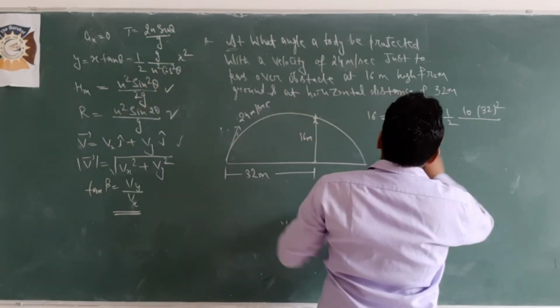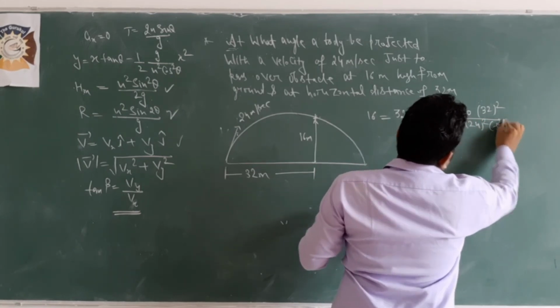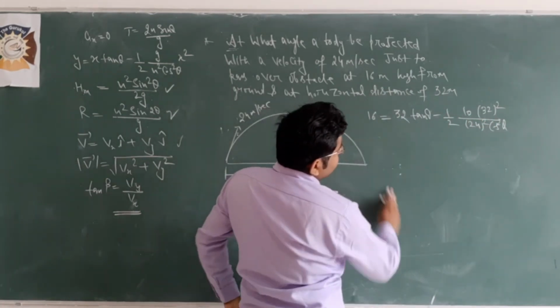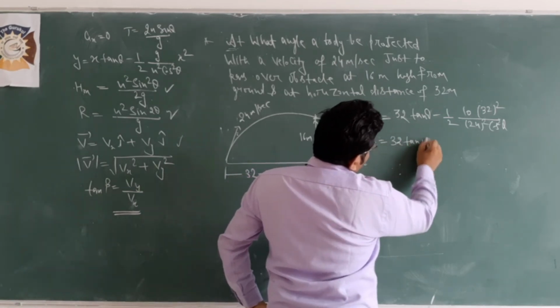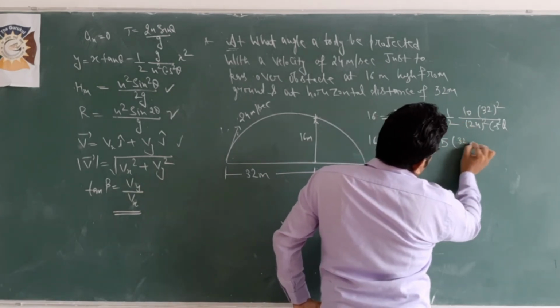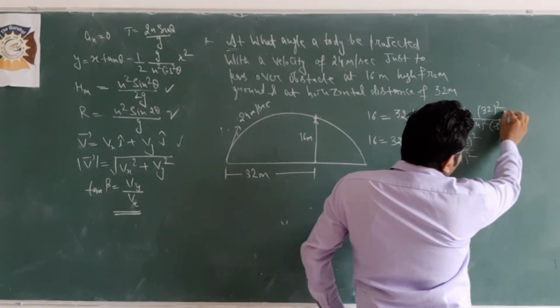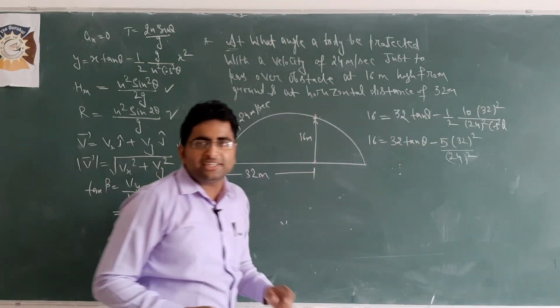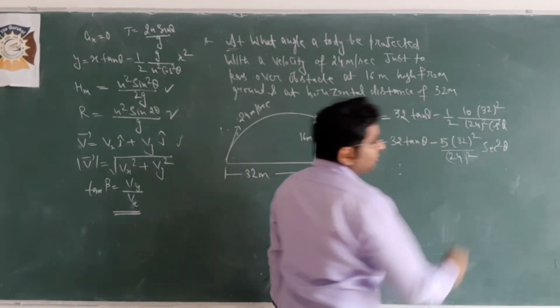The u value is 24, so 24 square cos square theta. So 16 equals 32 tan theta minus 10 over 2 into 32 square divided by 24 square. Beta, what is 1 over cos square theta? Secant square theta. Look carefully at this expression.